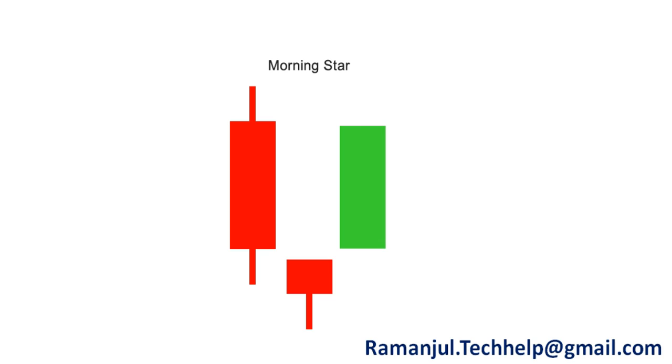When you see the Morning Star, when you see these three candles appearing and giving the exact picture we are looking at here, and if you combine these three candles and get a hammer, then we can go long, we can go for buy, we can take the position in this kind of situation.